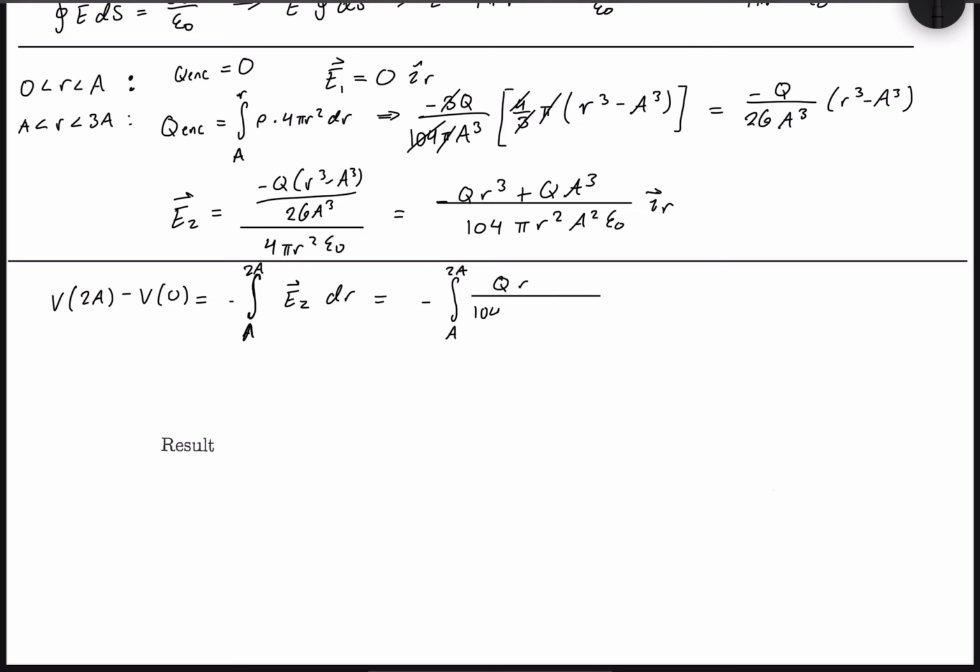You'd have 104 pi a squared epsilon naught dr, minus the integral from a to 2a of the same thing. So we'd have q a cubed, which is constant, over 104 pi r squared epsilon naught dr.